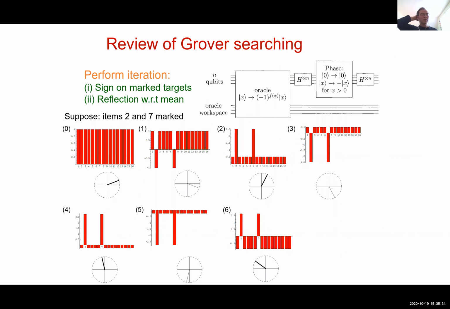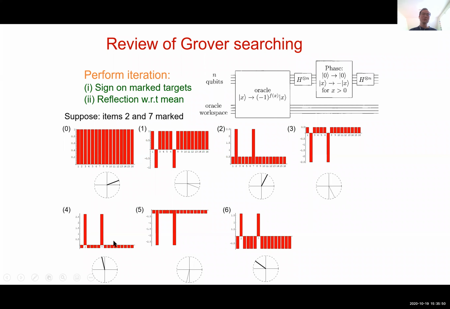So we're going to apply this to Grover, and we've seen Grover before, so I don't want to go through the details. It's really just some marked item, and then you have the oracle put a minus sign, and you do the reflection around the mean, right?